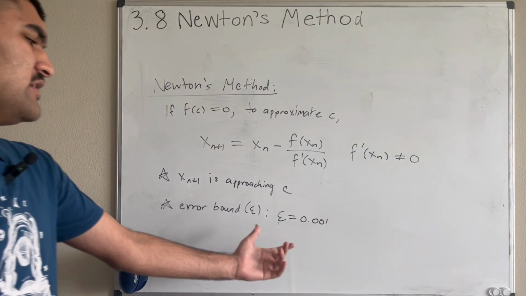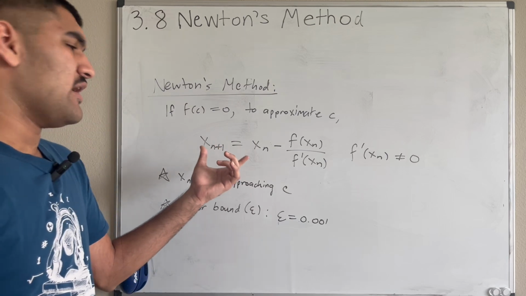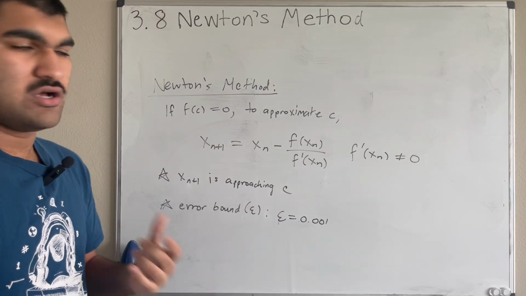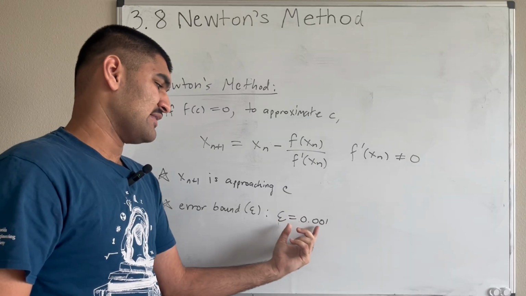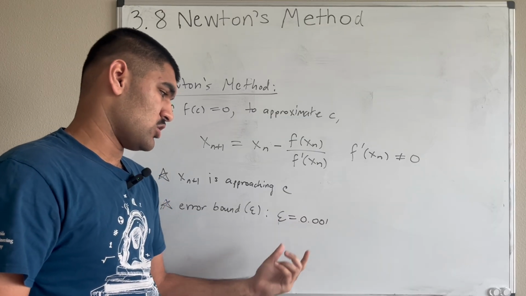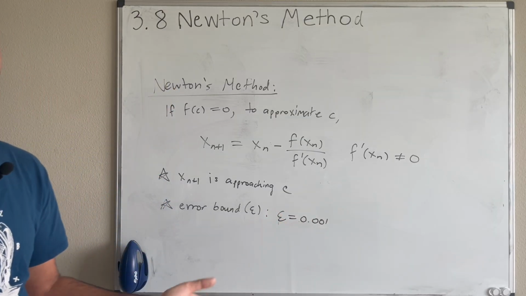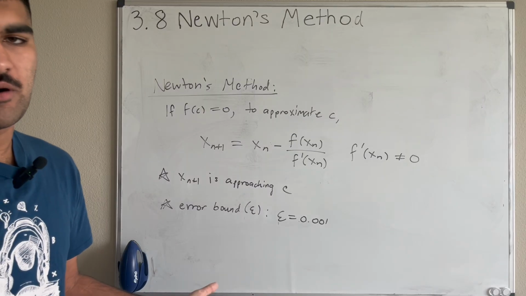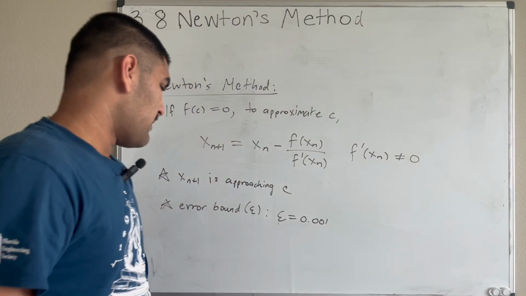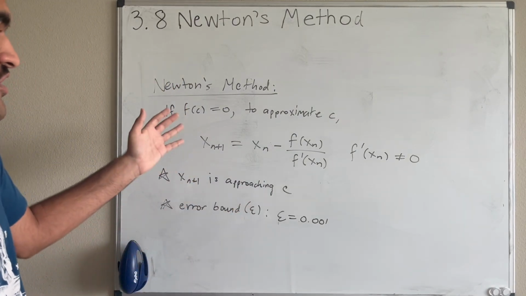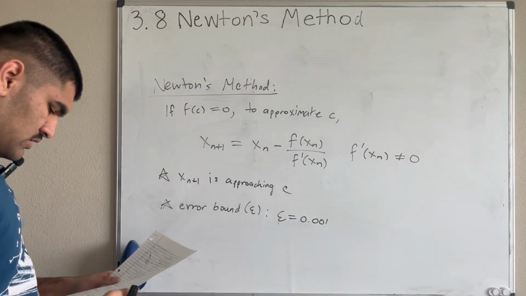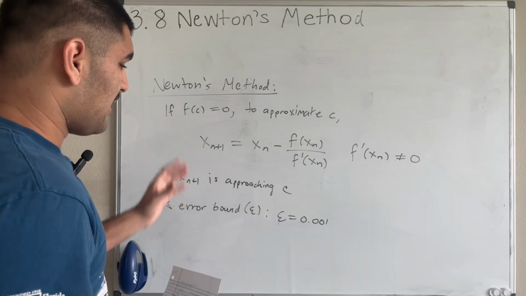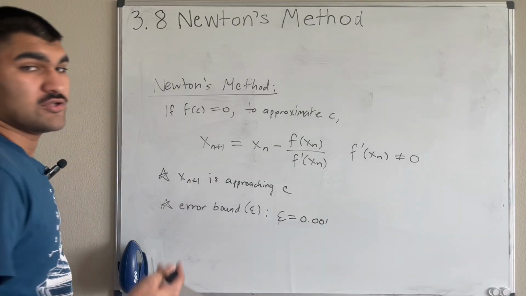What an error bound says is that if two consecutive values, xn and xn plus 1, differ by less than epsilon, so by less than 0.001 in this case, then you can stop, right? That's good enough for our purposes. So that's why error bounds are very good. It helps transform this infinite process into a finite one, right? All right, good. So now that we have that out of the way, we can move on to some examples.